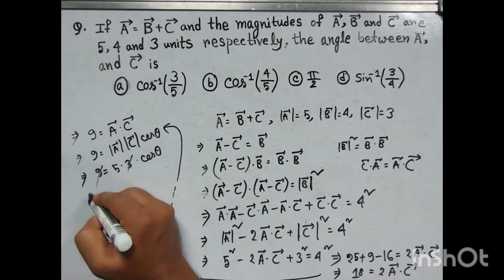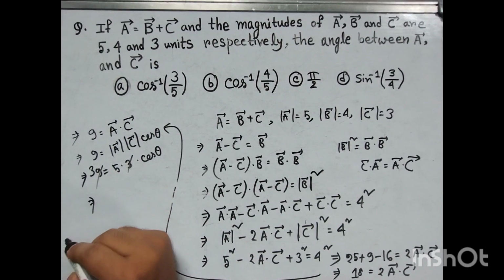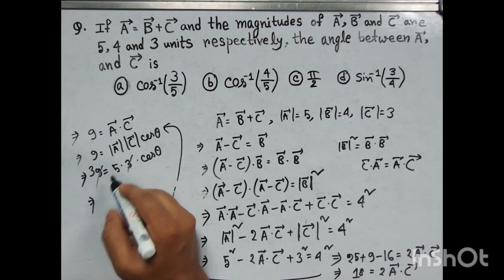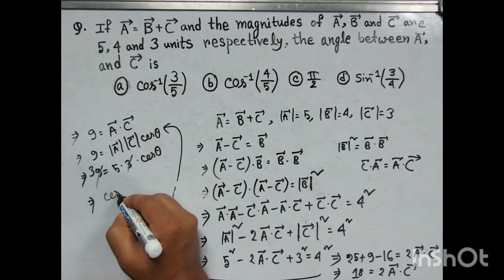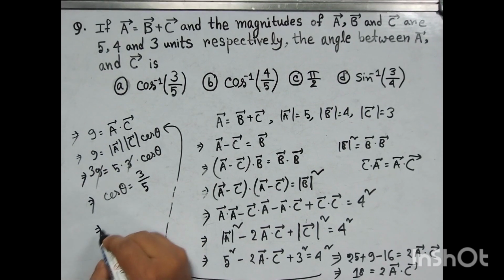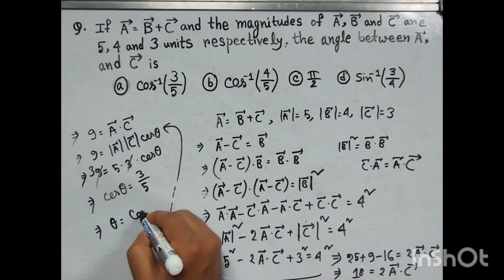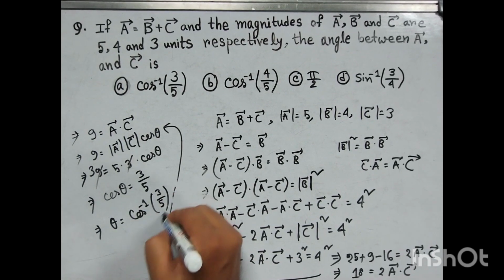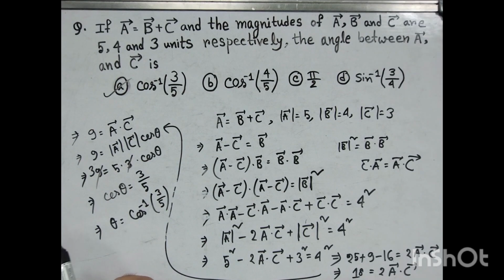So this 3. Okay, now it will be cos theta equal to 3 by 5, so theta will be cos inverse 3 by 5. So A is your correct answer.